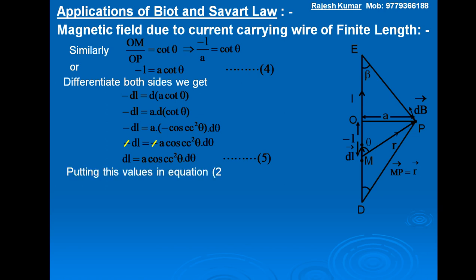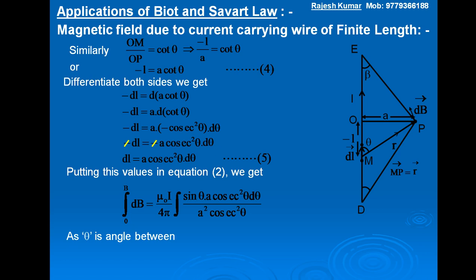Putting these values in equation 2, we get integration of dB is equal to mu naught I upon 4 pi into integration of sin theta into a cosecant square theta d theta upon a square cosecant square theta.